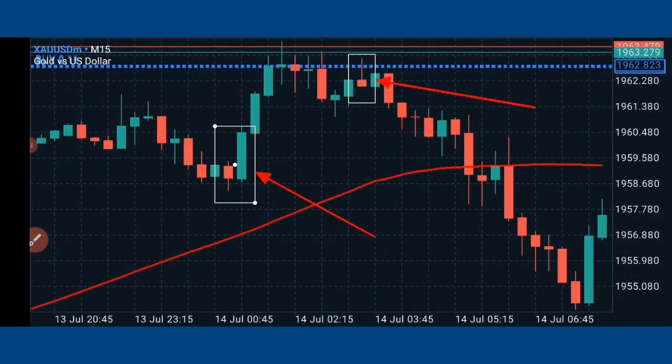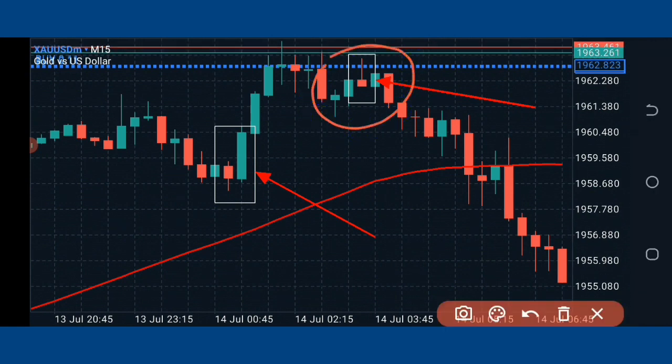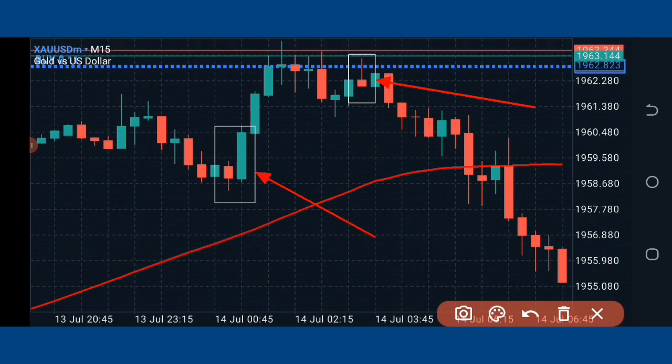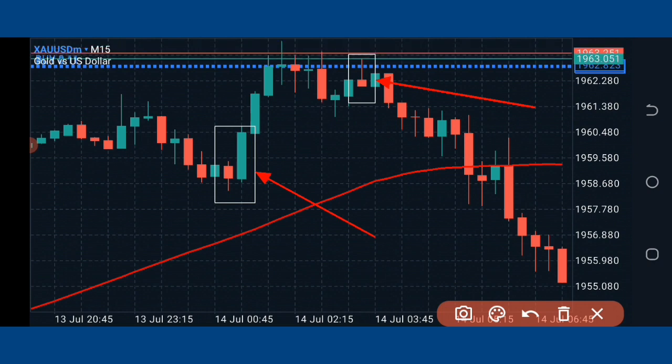This is the shooting star here. As you can see, we have the shooting star having the tail up there, and the real body is at the bottom of the wick.